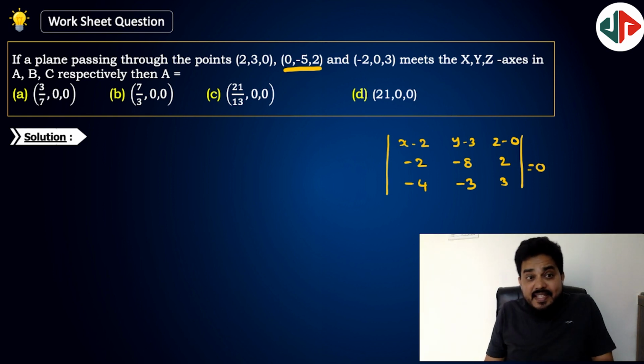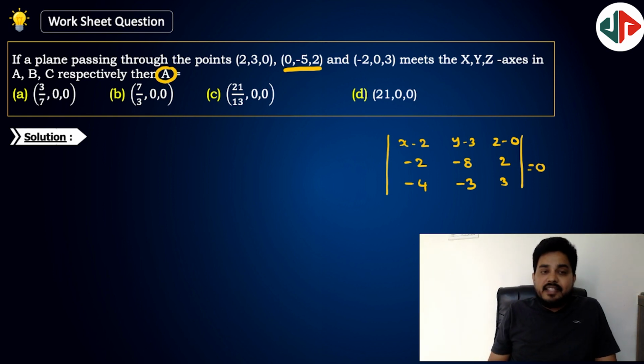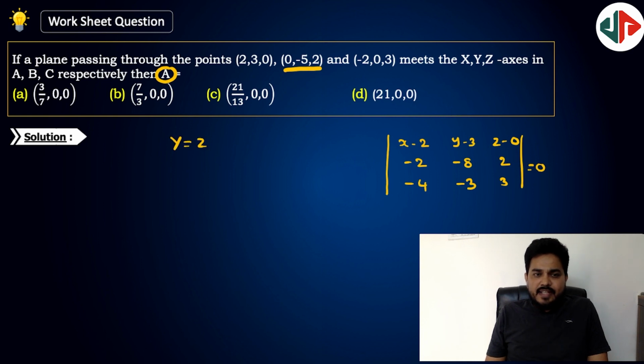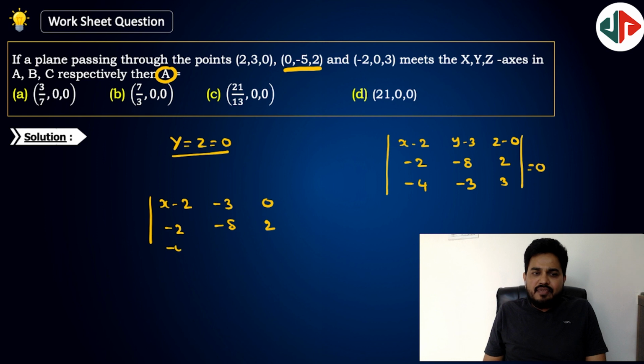Actually, since I require the x-intercept, that means y is equal to z is equal to 0. We need to substitute in the plane. So here it will be x minus 2 minus 3, 0 minus 2 minus 8 plus 2 minus 4 minus 3 plus 3. I'm just substituting x is equal to y is equal to z is equal to 0.